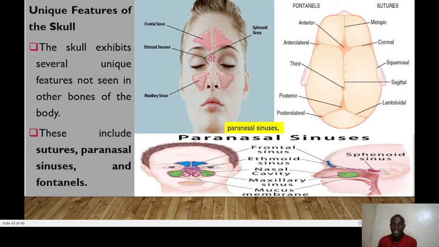In terms of the fontanelles, we have the anterior fontanelle and the posterior fontanelle, plus the others, but these 2 are the most common. Then we have the sutures: the sagittal suture, the coronal suture, the metopic suture, and the lambdoidal suture.